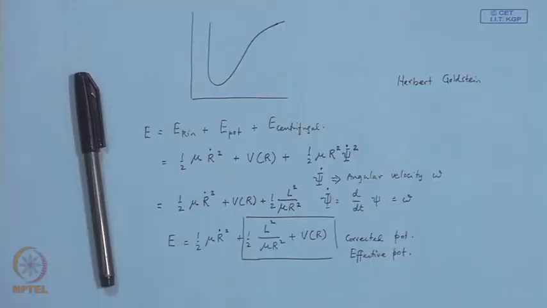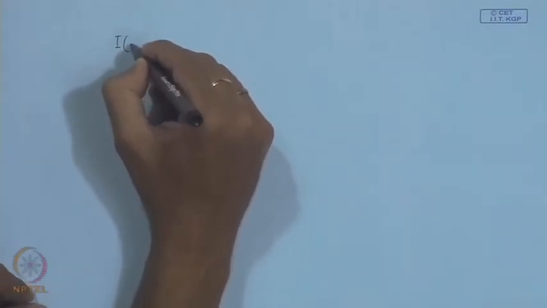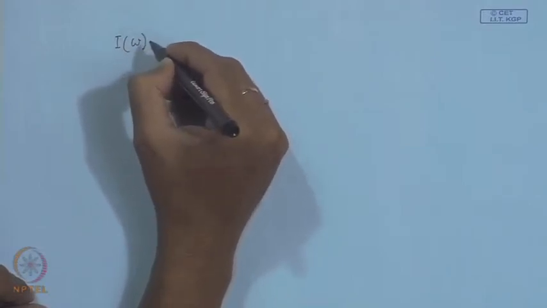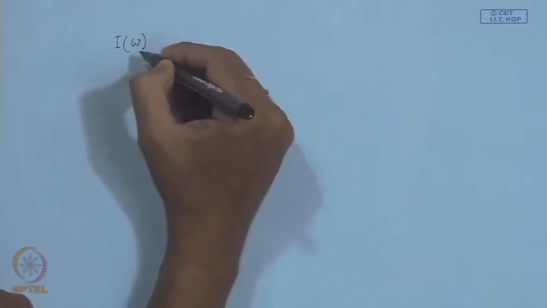Okay. So, next, as I already told, the intensity of the scattered molecules at a solid angle omega, that is, how to calculate that intensity, or the flux of molecules scattered into the solid angle omega.